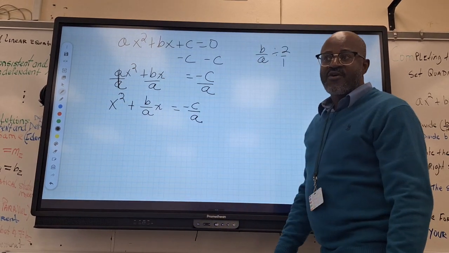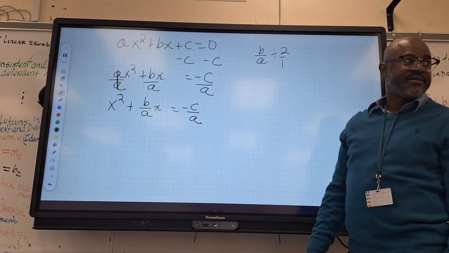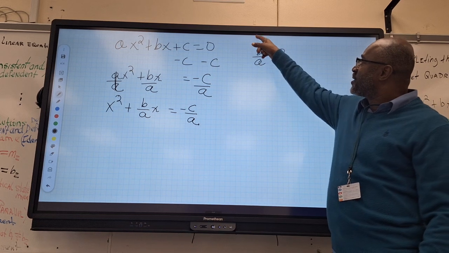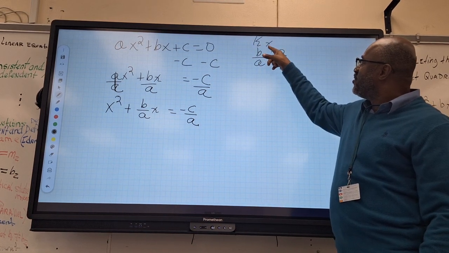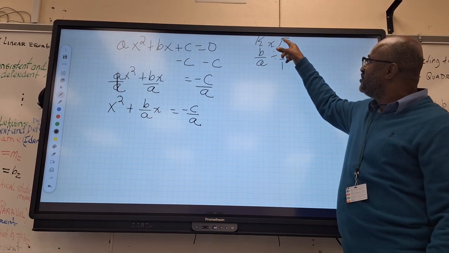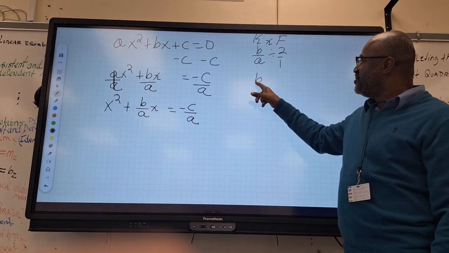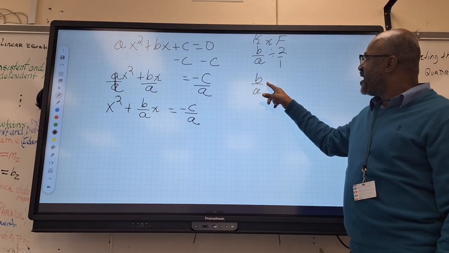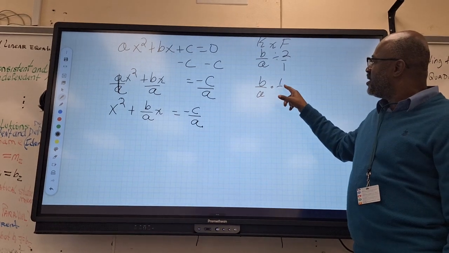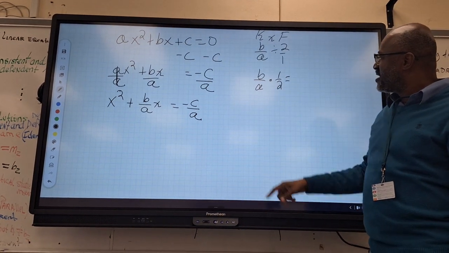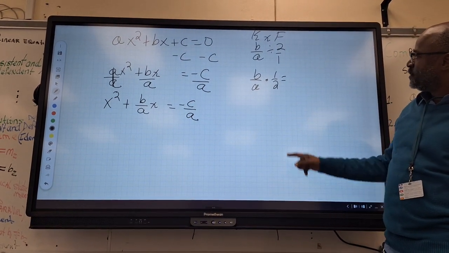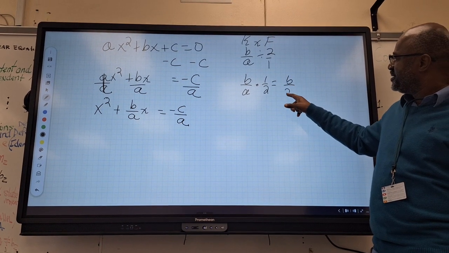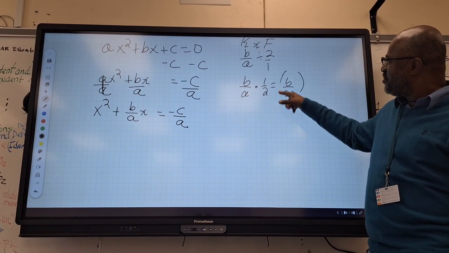This is going to become a complex fraction, right? As always, you keep, change to multiplication, and you flip. So that will give you B over A times 1 over 2. This will give you what? B over 2A.